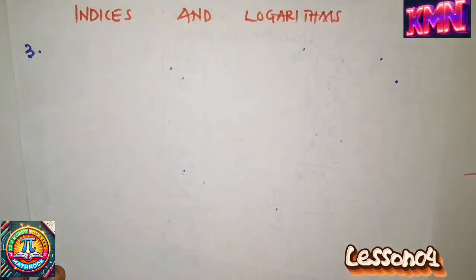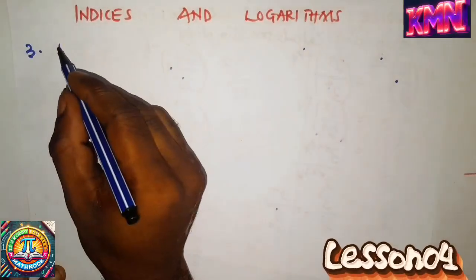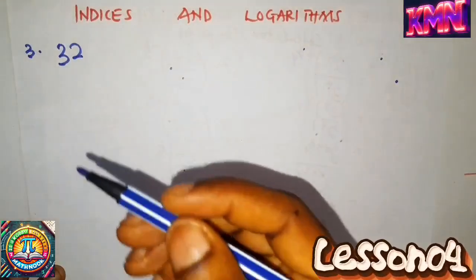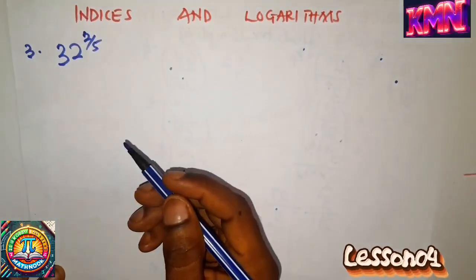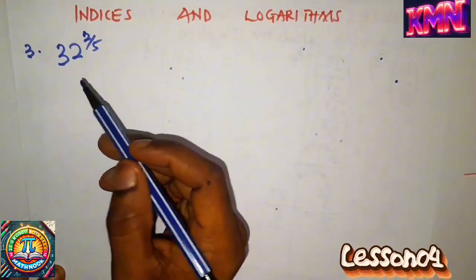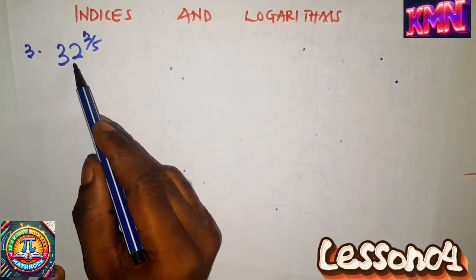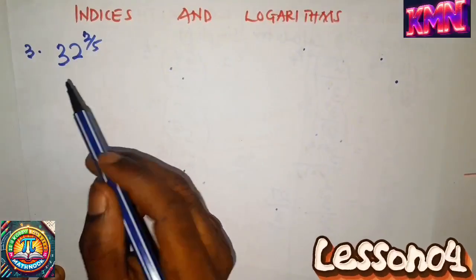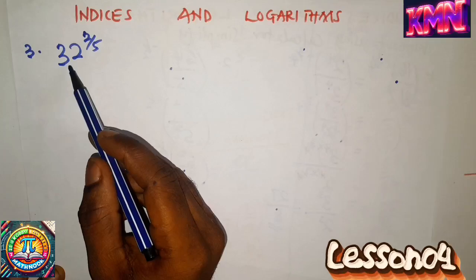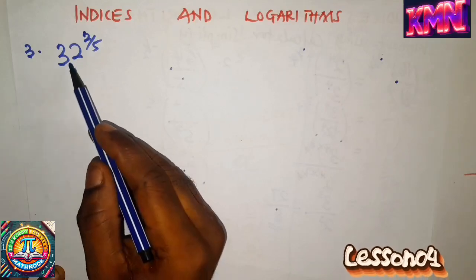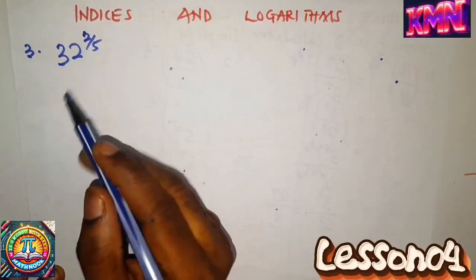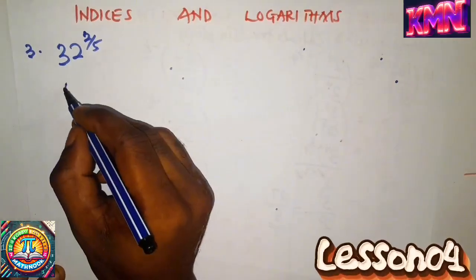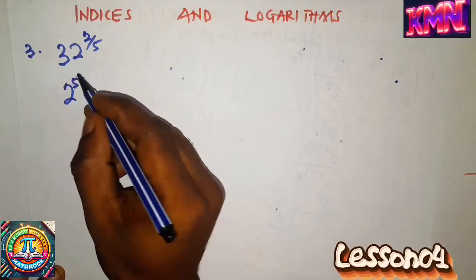Number 3. We are given 32 exponent 2 on 5. So to simplify this, again, as I explained earlier, we need to change 32 to an index form. So which number exponent 5 will give us 32? And the number you should go for is what? 2. 2 multiplying itself 5 times to give us 32. So we are going to have 2 exponent 5.